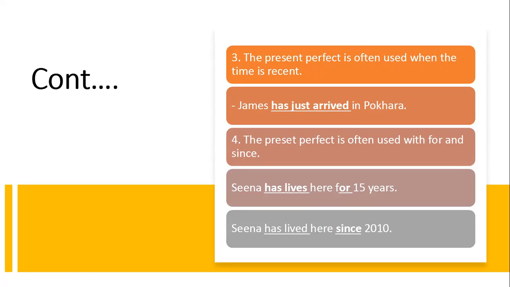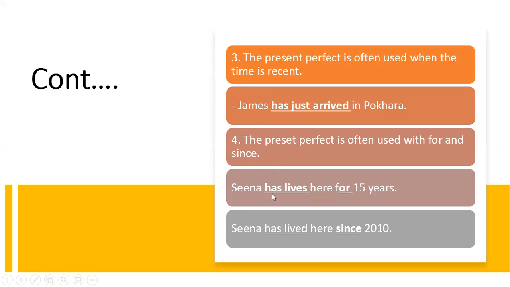And then the fourth one is, sorry, this is the last. The present perfect is often used with for and since. So basically we use the present perfect tense when we are using the word for or since.